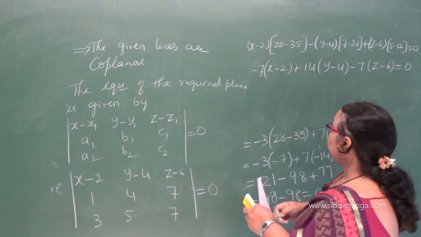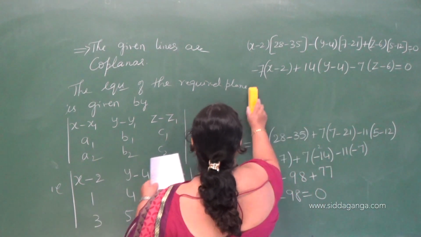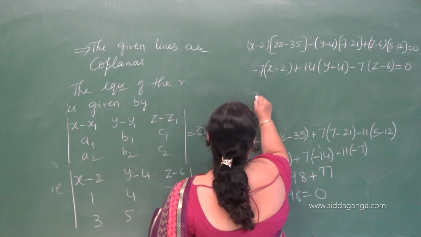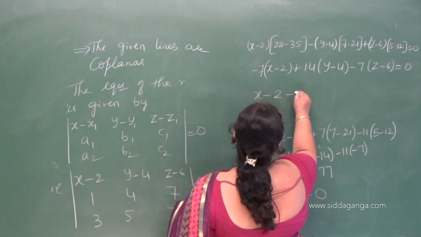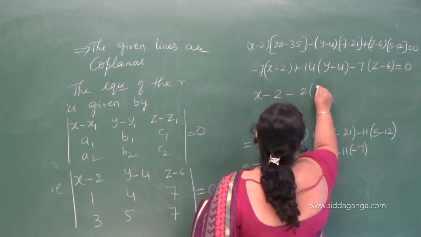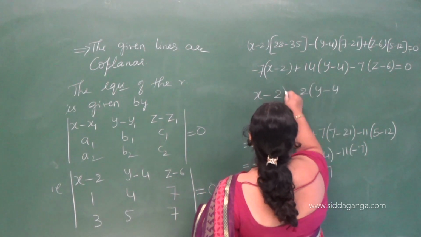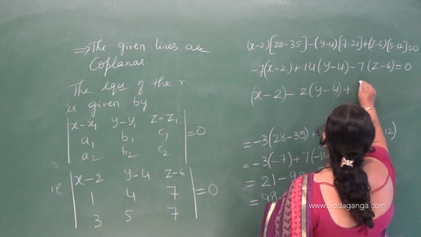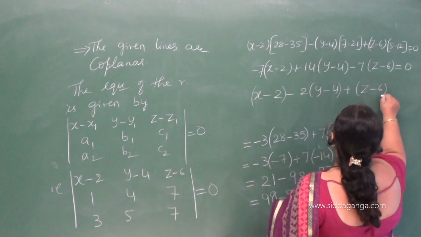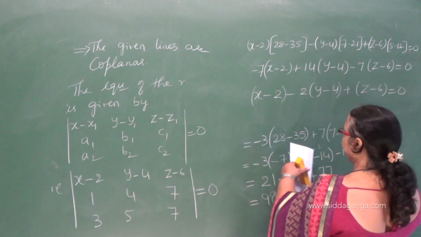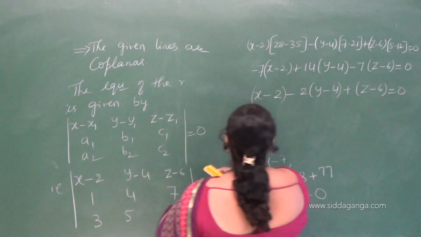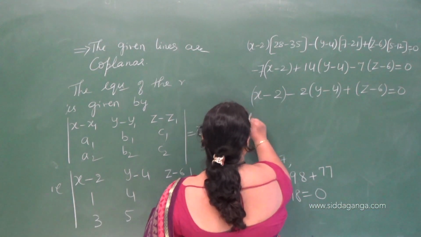Now you divide throughout by minus 7. We get x minus 2 minus 2 into (y minus 4), and dividing by minus 7 gives plus (z minus 6) equal to 0. We have to divide throughout by minus 7, and do it very consciously.